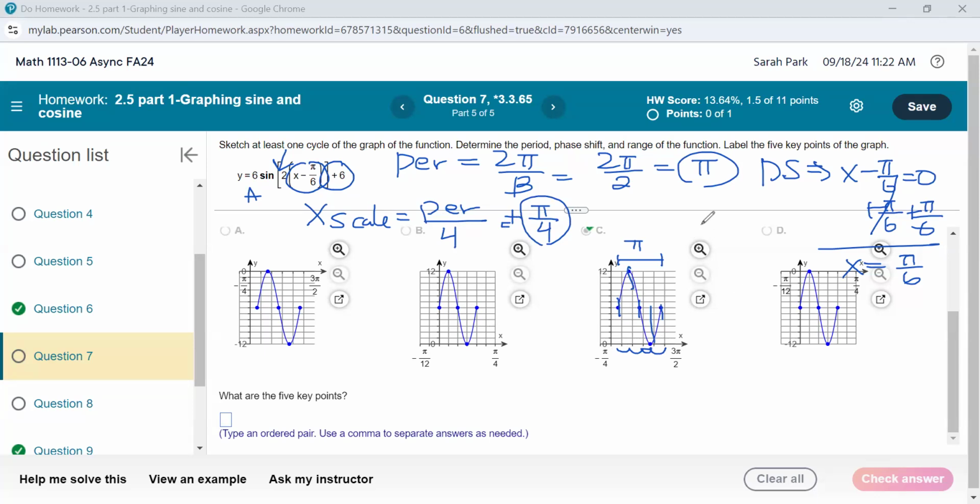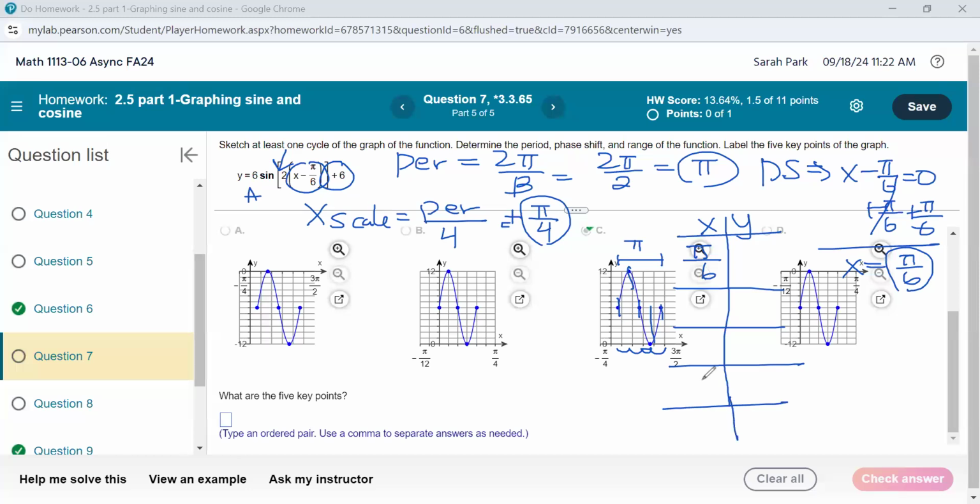So our value, I'll do it here, x, y. Our first value is your phase shift, pi over 6. And I have to add pi over 4 each time.